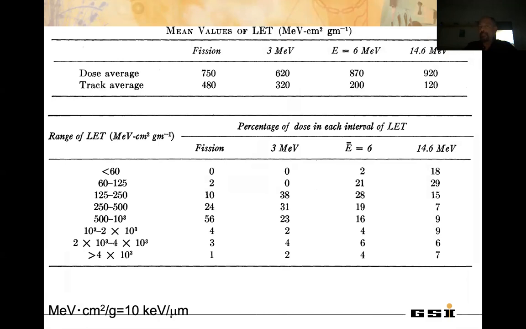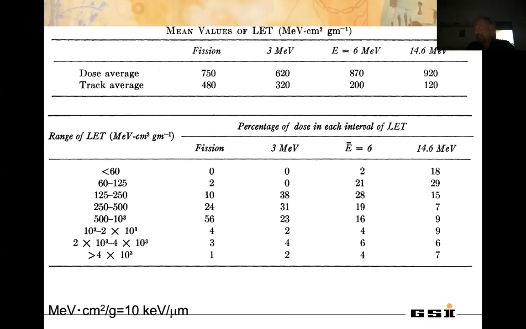You are talking about a fairly high LET. This is dose average, and this is track average LET. You see that they are also substantially different. You see the dose average and track average. I think I touched this already in the physics lecture. The track average is the first moment of the LET distribution.